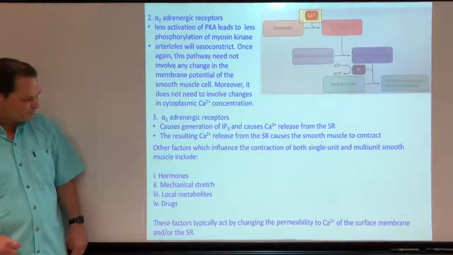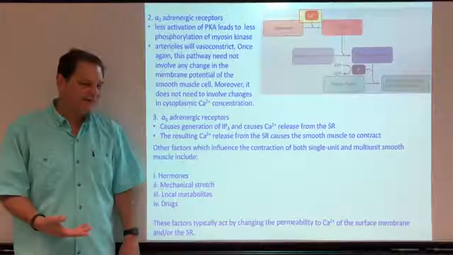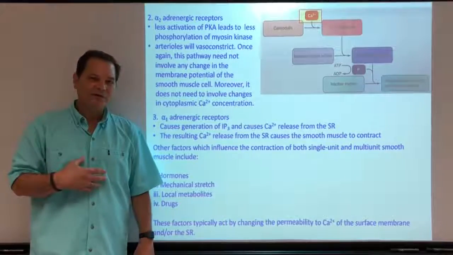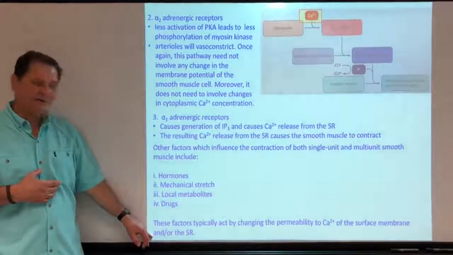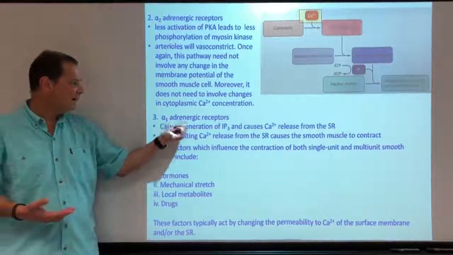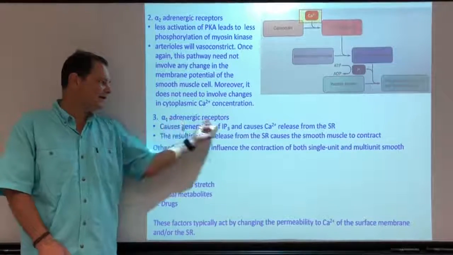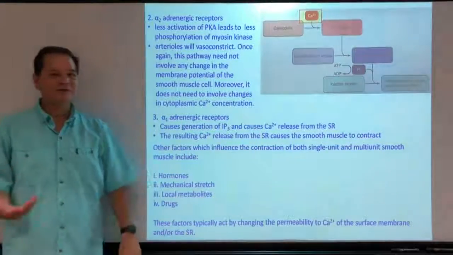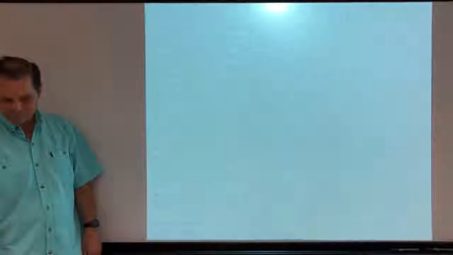Okay? These factors typically act by changing the permeability to calcium at the surface membrane. More calcium coming in will increase calcium, or they will act by increasing calcium release from the SR, like the alpha-1 adrenergic receptors will do. So anything that binds to that receptor will increase calcium release from the SR, and that will cause you to contract more. Okay? All right.